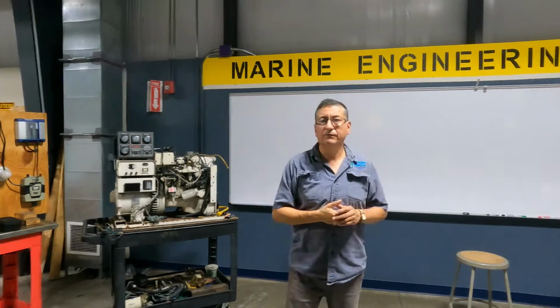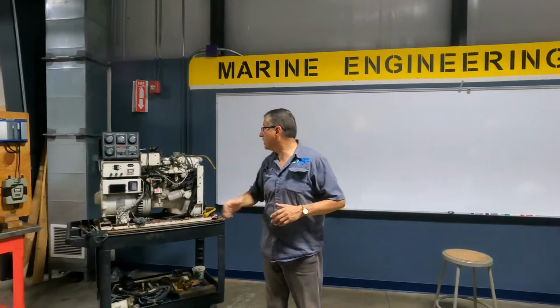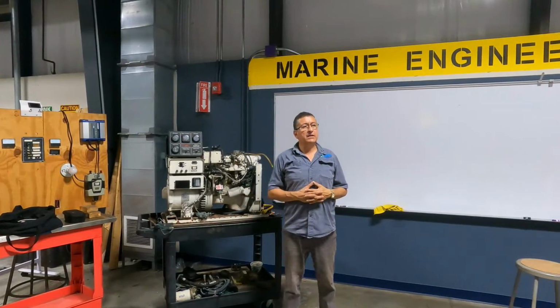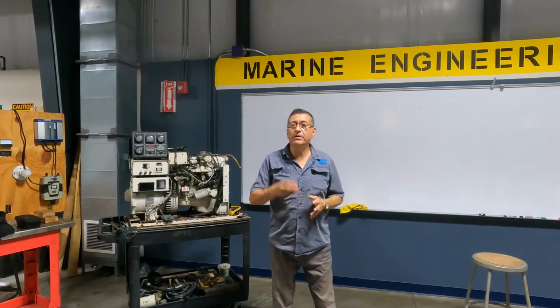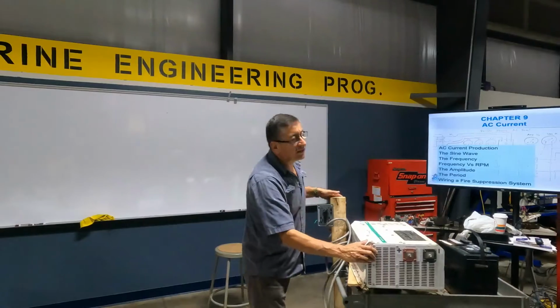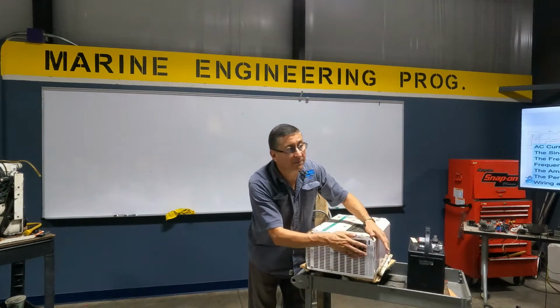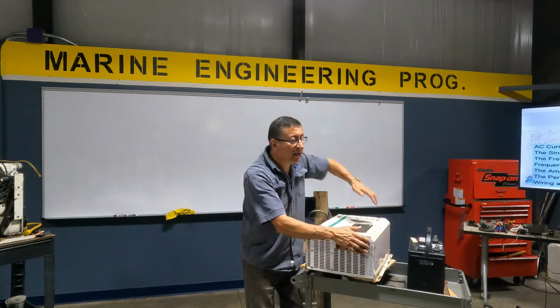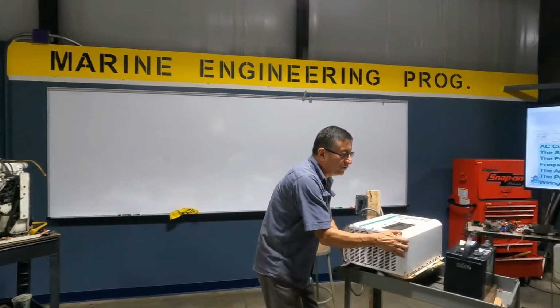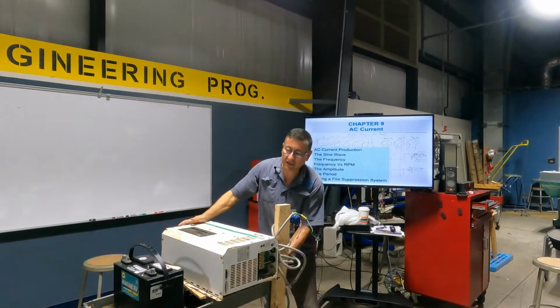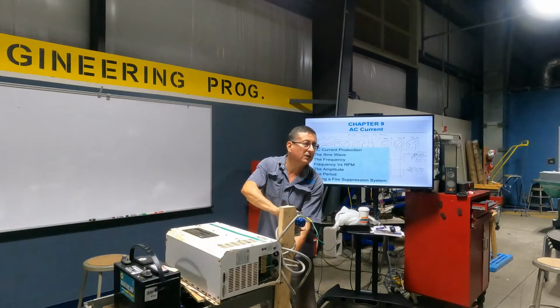What is the second one for AC? The generator. And what is the other source of power? The number 3, the inverter. Look at the inverter. The inverter receives positive, negative from the battery bank. And on the other side, it produces hot, neutral, ground AC power, and the AC power enters here in the switch selector.